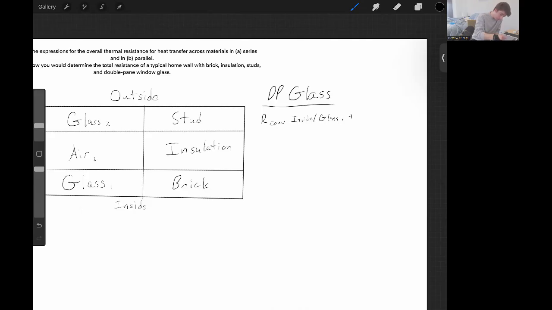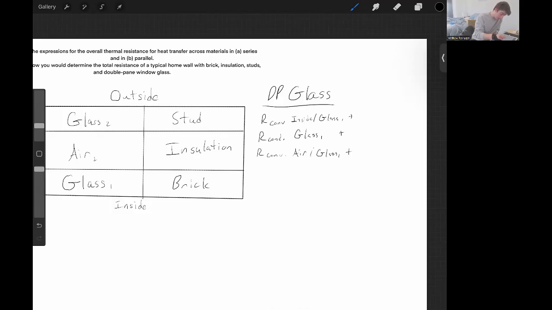Our second resistance is the thermal conductivity of the glass itself. So we can just put that as glass one. And we're going to continue to add these as we go along. So we have glass going into air two. So this is convection. We have convection of air from glass one being added.